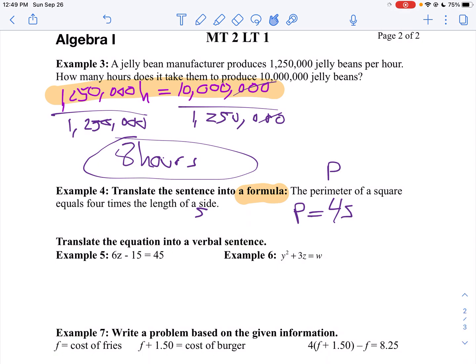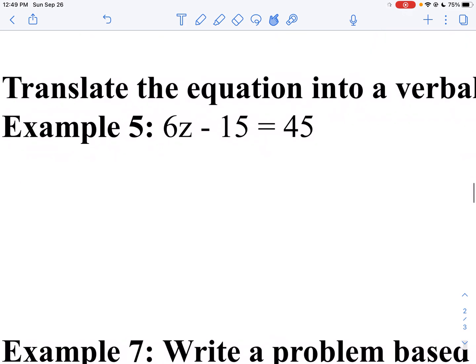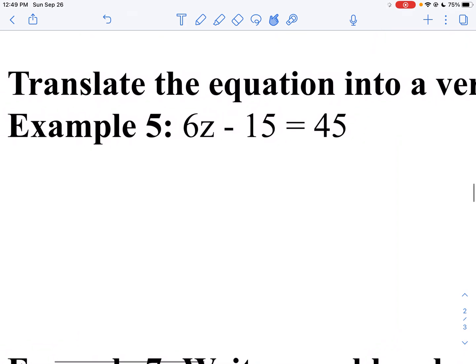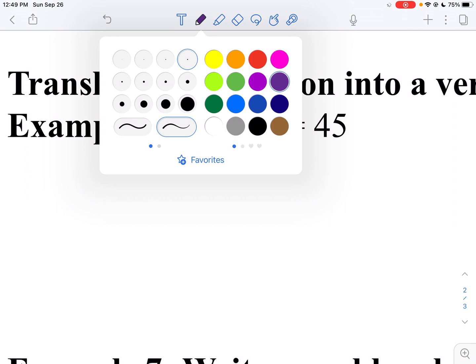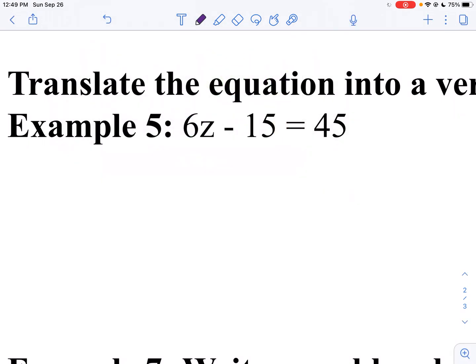Now, looking at this backwards, here in example 5, I want to write the equation that is given to me out in words. And you do exactly what it says. You're going to use those words when we do them. So I see I'm subtracting.